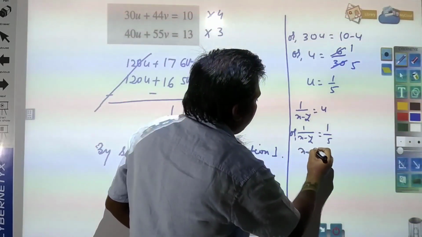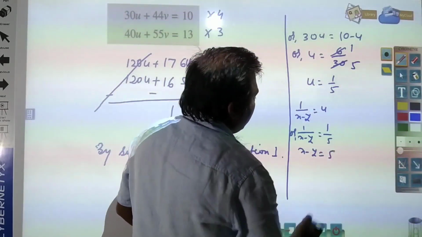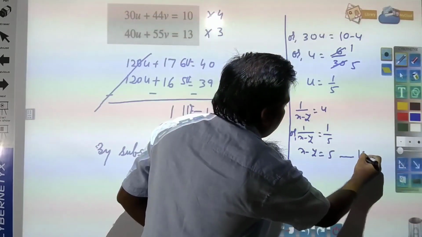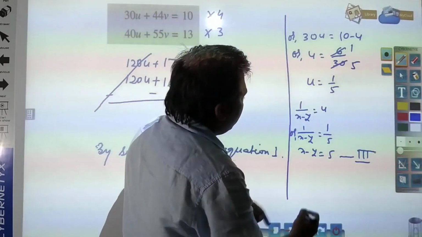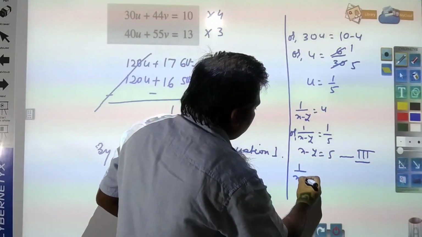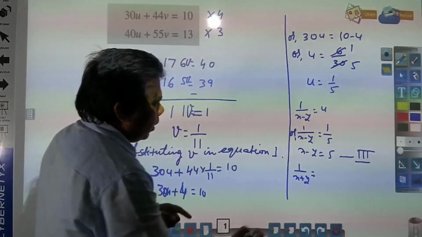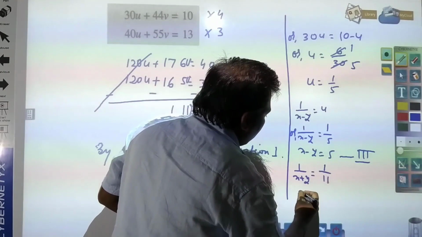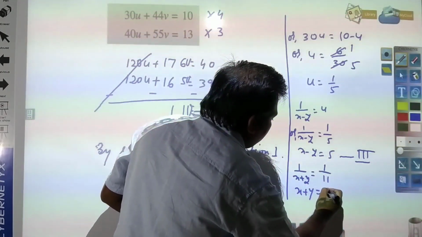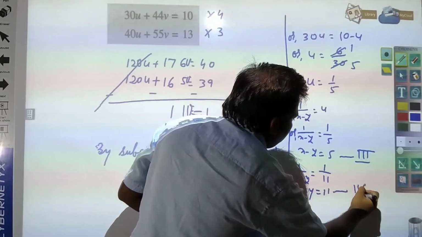So x minus y is equal to 5. This is your third equation. And then you have 1 by x plus y is equal to v, means 1 by 11. So x plus y is equal to 11. This is your fourth equation.